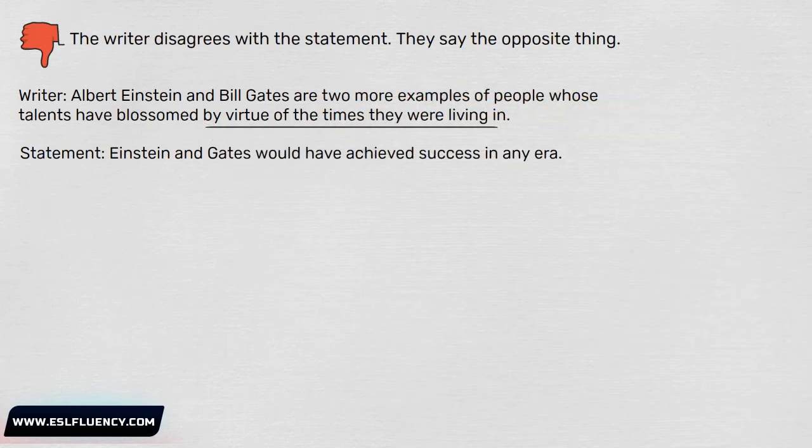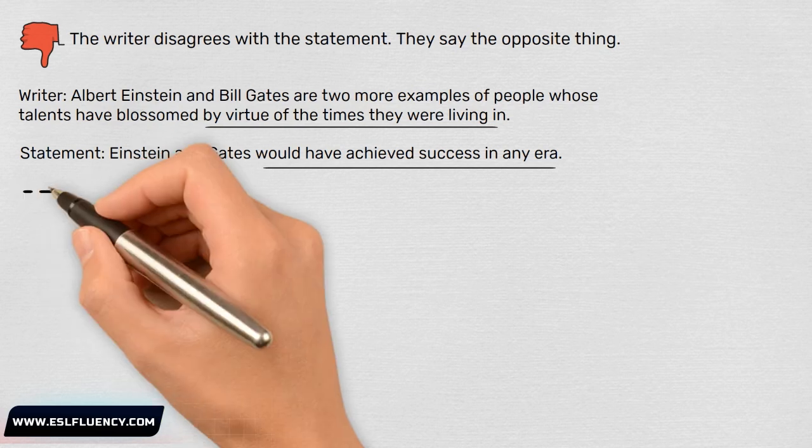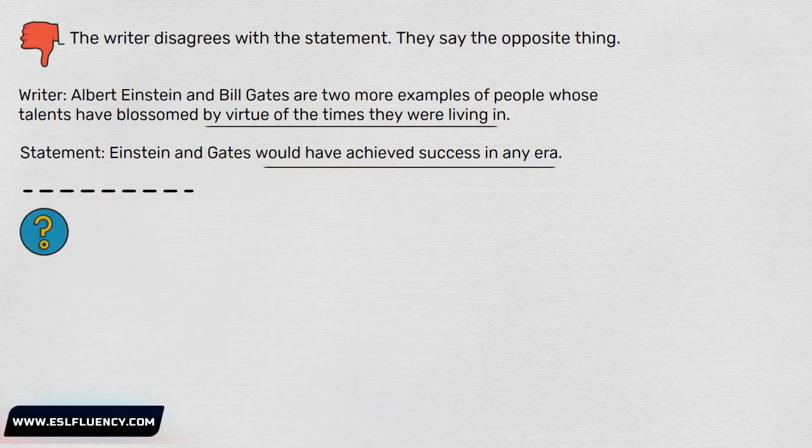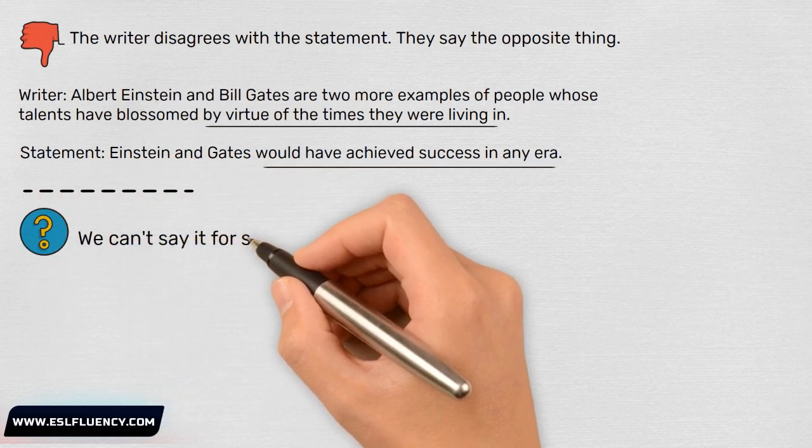It means because of. So the passage says, these 2 people succeeded in their fields because of the situations of their times. It limits their success to the needs of their times. So, saying that their success doesn't have anything to do with their times is a contradiction. So, the writer doesn't agree with this statement. The answer is no.